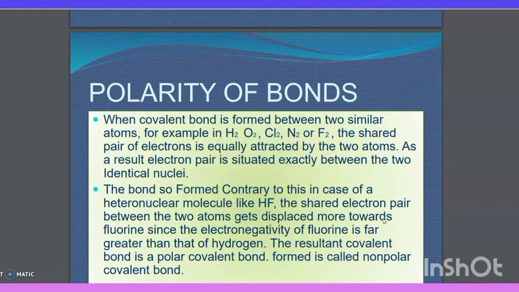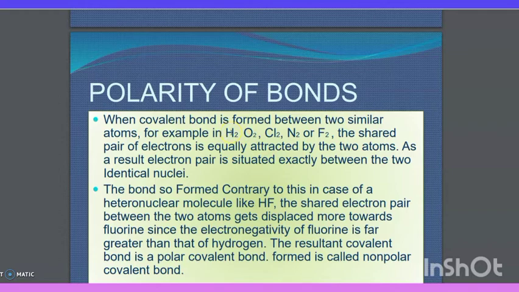Then polarity of bonds. What do you mean by polarity? Polar means charge. If we check compounds like O2, H2, Cl2, etc., these molecules are formed between homoatoms. Homoatoms means the same atom.